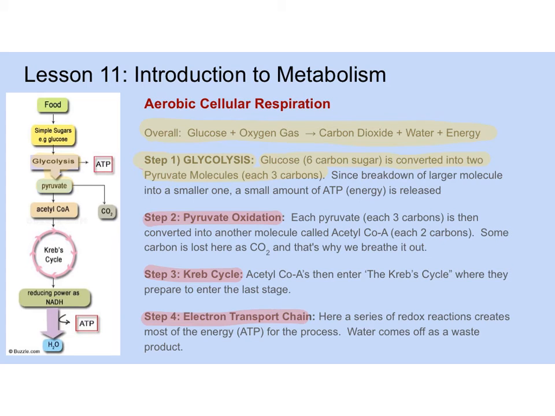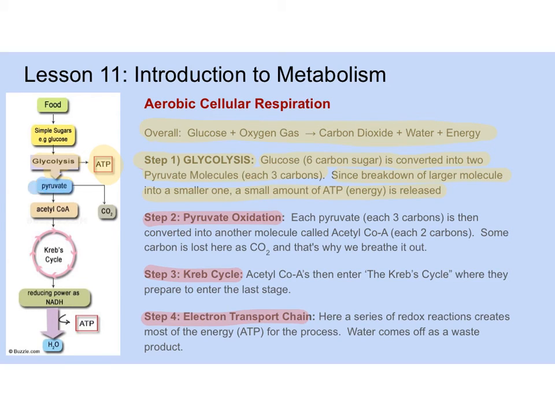Now, since you're going from a 6-carbon complex molecule into 2 smaller molecules, energy gets released. Since a larger one goes into smaller ones, a very small amount of ATP comes out, and that's what I've highlighted there. So we make a little bit of energy when we split glucose into pyruvate, but not very much.